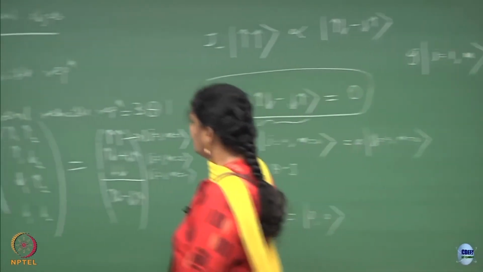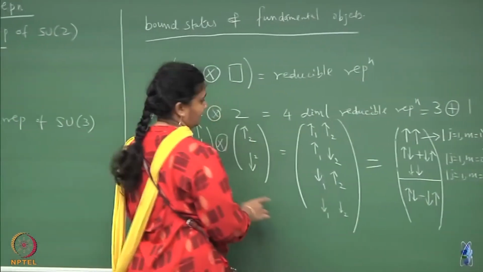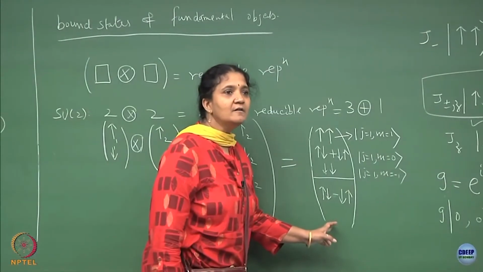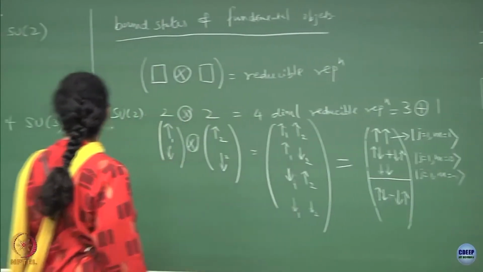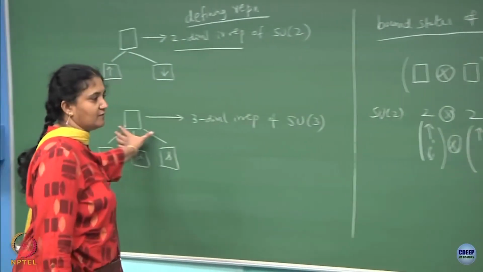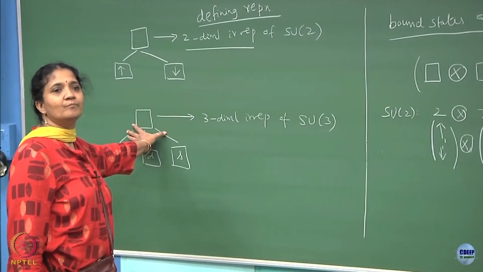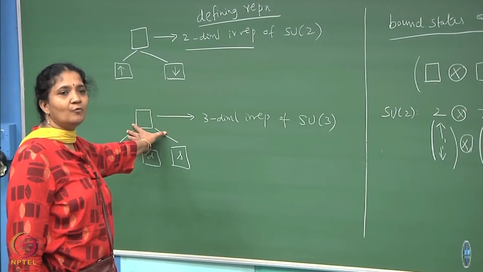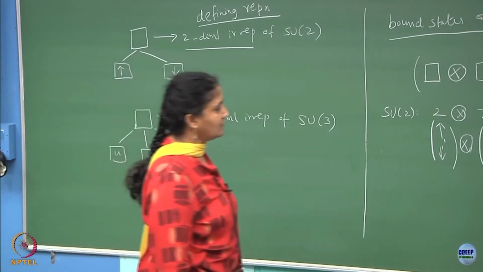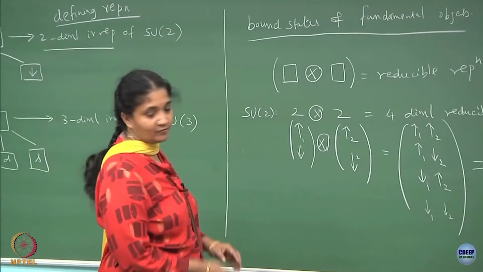Fine. So, whatever I have said in the vector space here, the same things can go on for SU3. Whatever I have said here will go for SU3. What is the modification in the context of SU3?